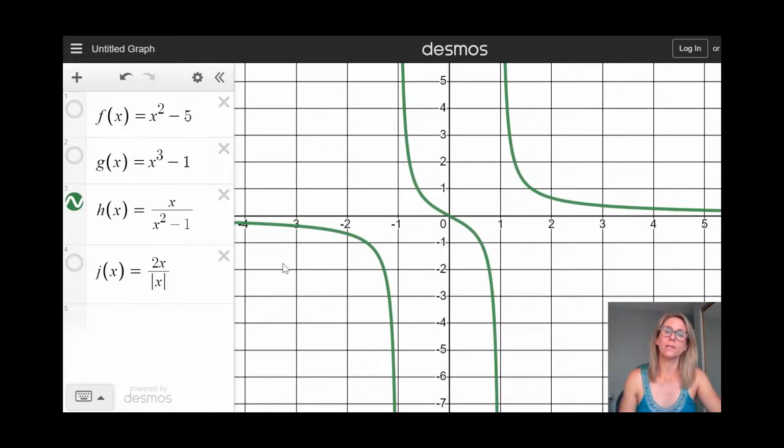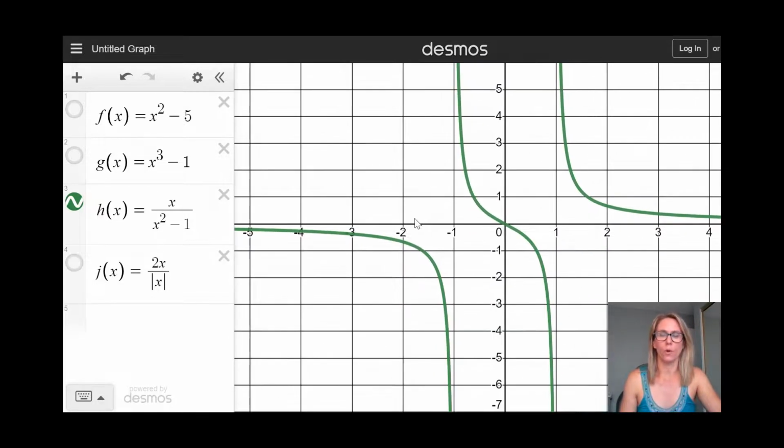For c, we said that it was odd. So it was an odd function, so it will have that origin symmetry. It might be harder for me to find some points here, but for example, we have this point here. Maybe it's like 1.7, comma 1. So we should have -1.7, comma -1.